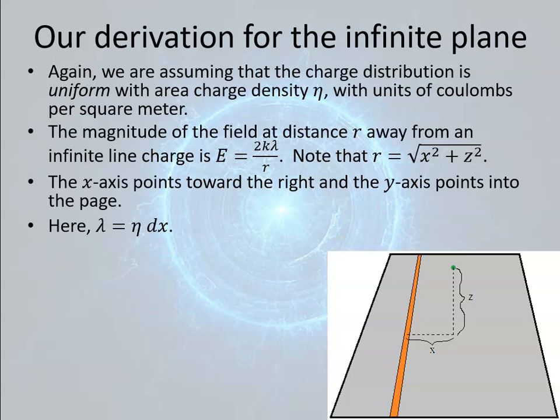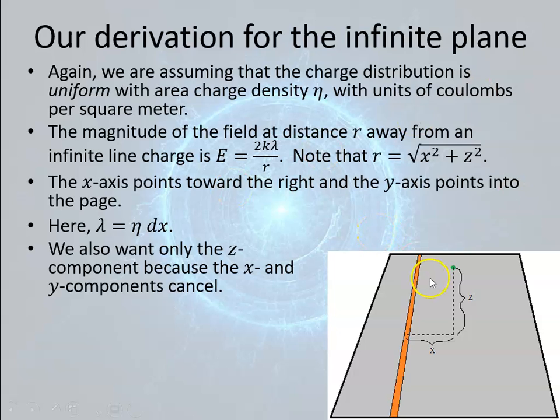So if I multiply both sides by dy, I would just have dq over dx equals eta times dy. Well, dq over dx is called lambda. So lambda is eta times dy, and I can call my variable anything I want, so I just renamed it to x.